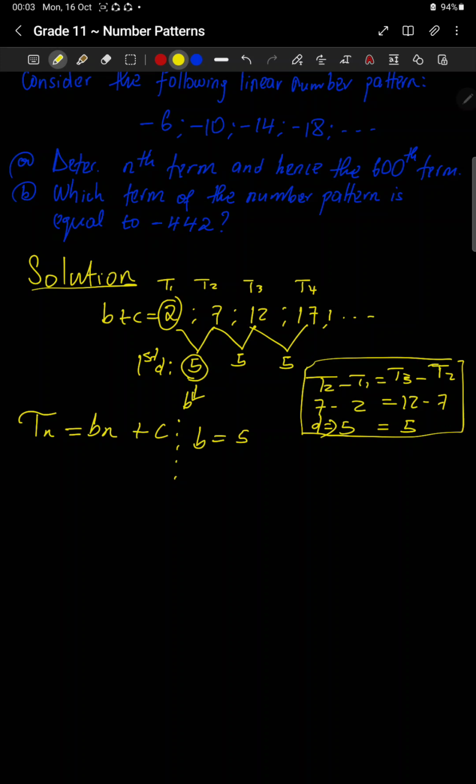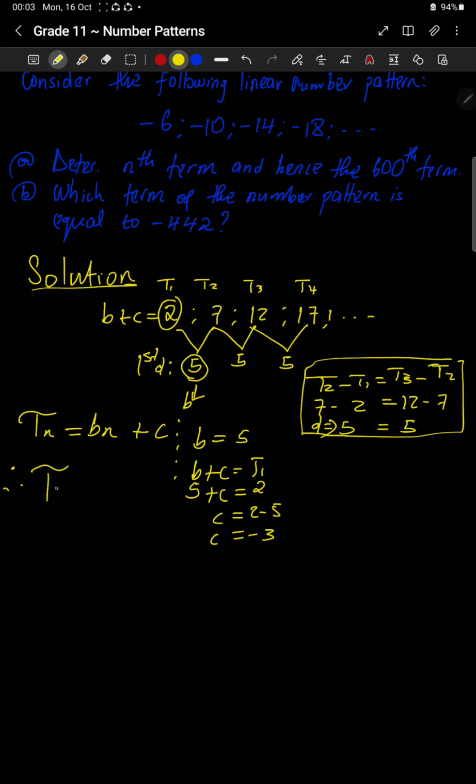So we're going to have B plus C is equal to T1, and B we've just got as 5. So it must be 5 plus C is equal to T1, which is 2. So that means 2 minus 5, the answer is negative 3. So you just substitute here.